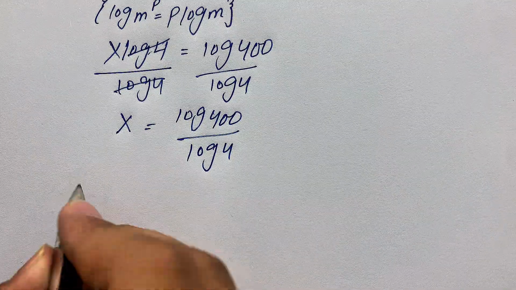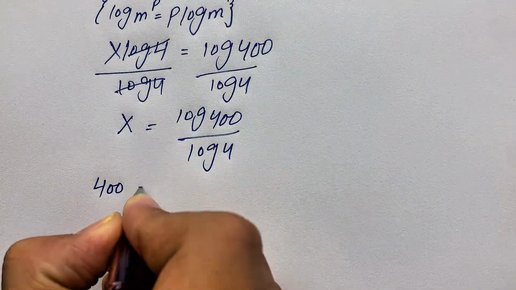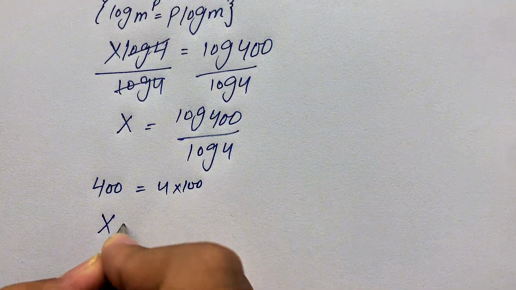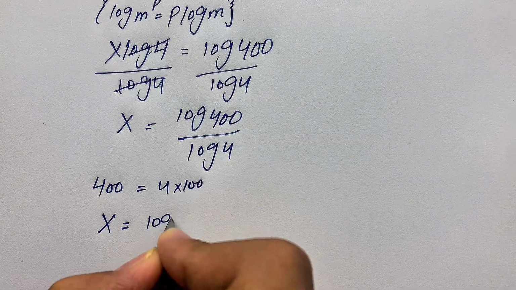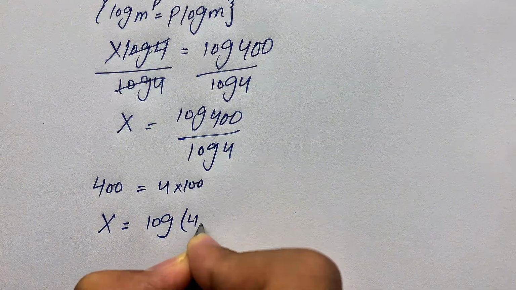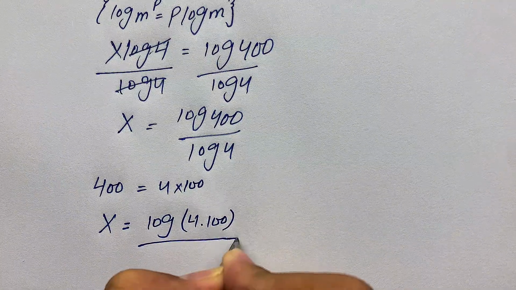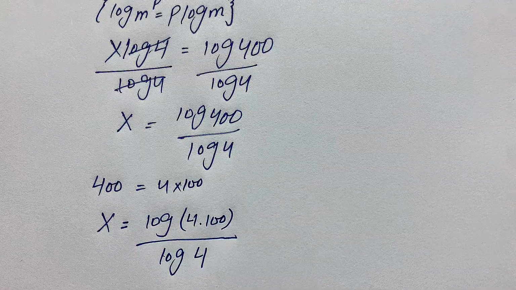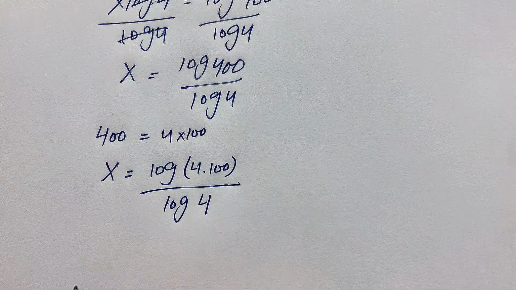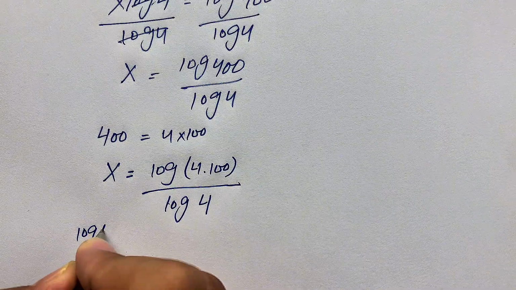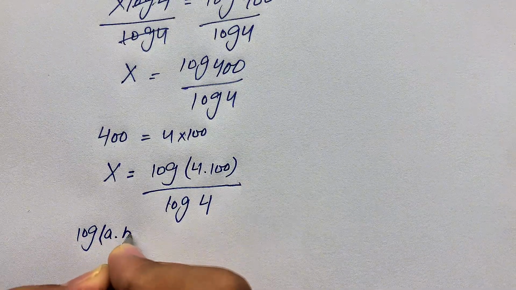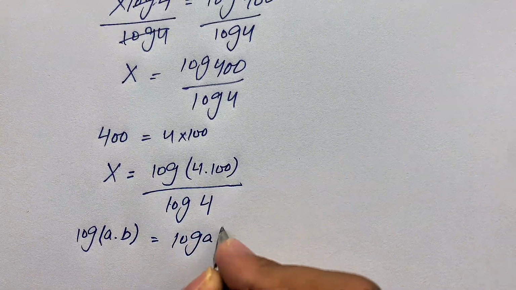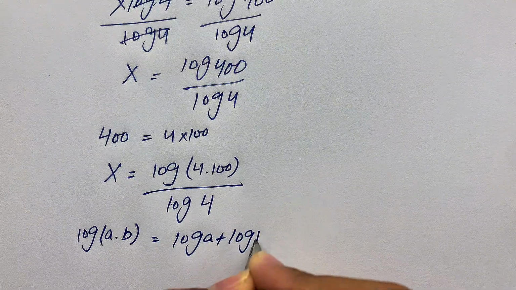And next step, as we know that 400 is equal to 4 multiplied by 100, now we put x is equal to log of 4 into 100 divided by log of 4. Log of a into b is equal to log of a plus log of b.